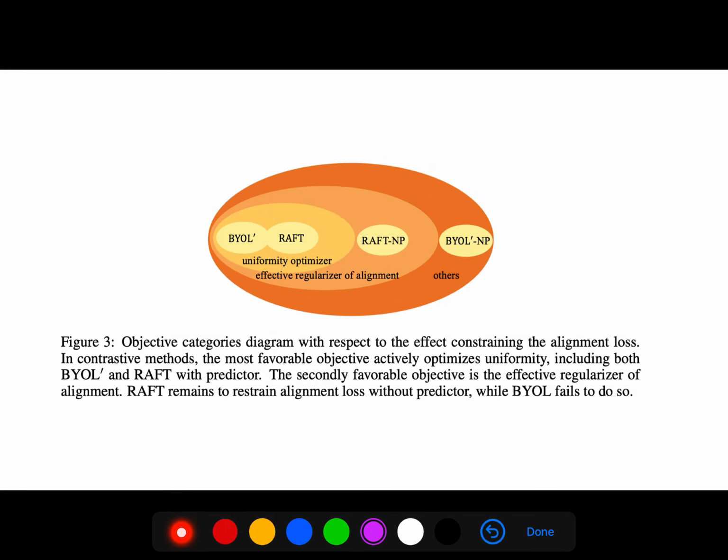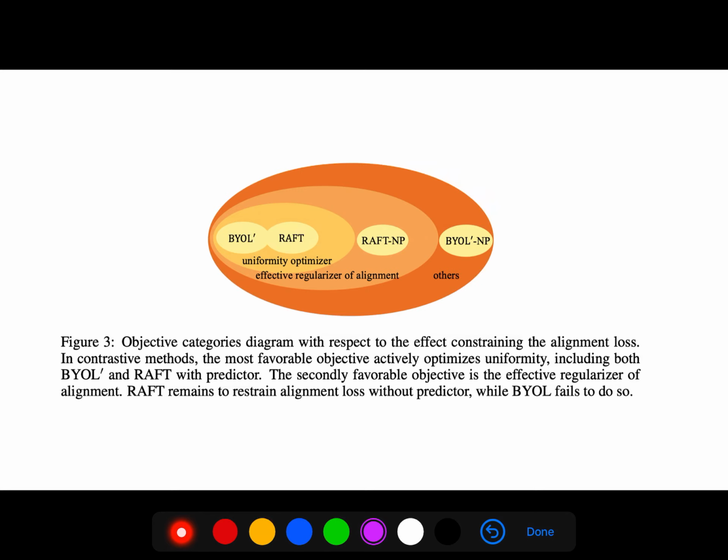And you see how the objective categories differ with respect to the effect of constraining the alignment loss. In contrastive methods, the most favorable objective actively optimizes uniformity, including both BYOL prime and RAFT with predictor.